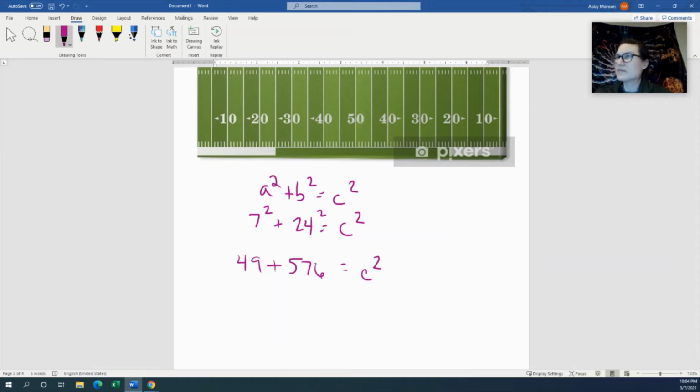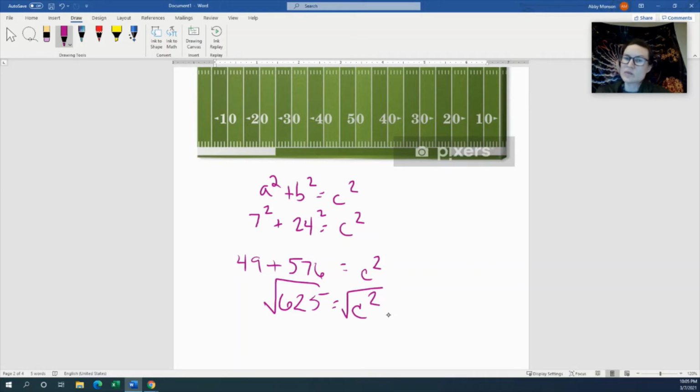So now I've done a little bit of squaring. I have to add these together. If I add 576 plus 49, I get the number 625. So 625 equals c squared. Now, this seems like, oh, am I done? Well, not yet, because I still have this square here. So what I have to do is take the square root of both sides.